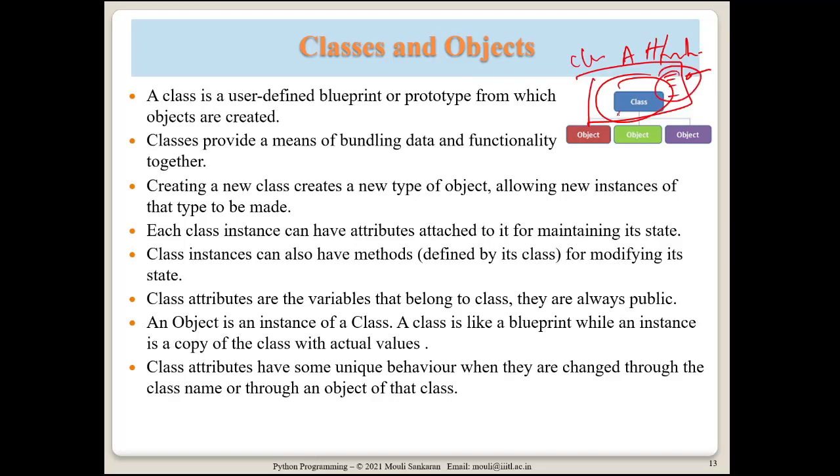But if some objects have been instantiated before that, the change will not necessarily be reflected on them. Sometimes, if you have not modified it at the object level, then whatever change you make will be reflected there. But if you make a change at the object level, then any change you make later at the class attribute level will not be reflected at the object level.